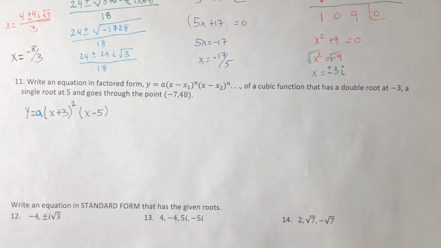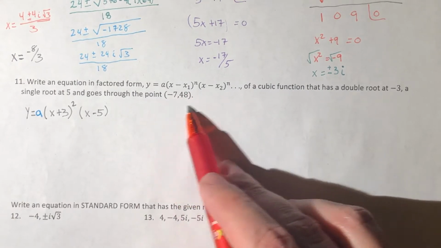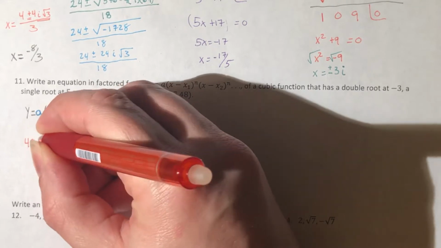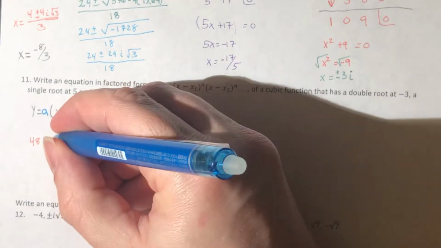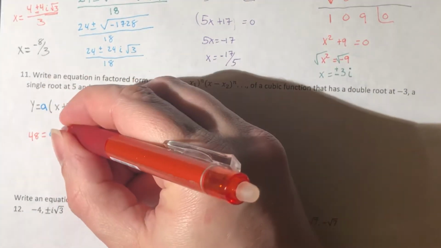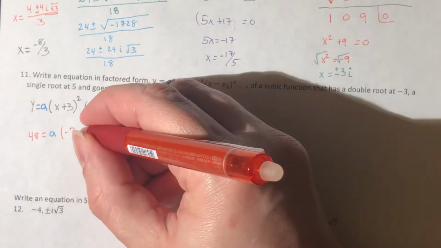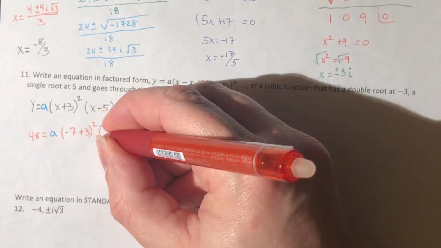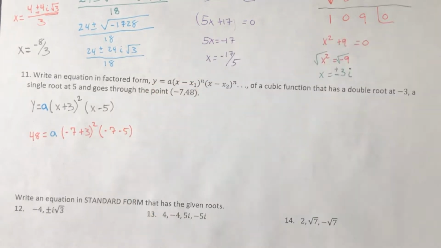So I can replace those x's and y's with that information. So what I have is 48 equals a, since I still don't know what that a value is. But my x value is negative 7. So I have negative 7 plus 3 squared, and negative 7 minus 5.